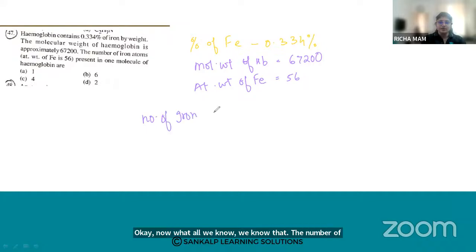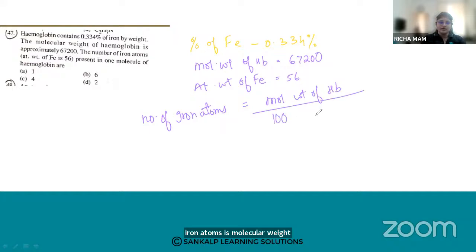How do we calculate the number of iron atoms? Number of iron atoms is molecular weight of hemoglobin divided by 100 into atomic weight of iron into percentage of iron. So we can use this formula.